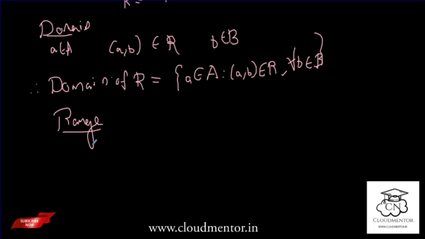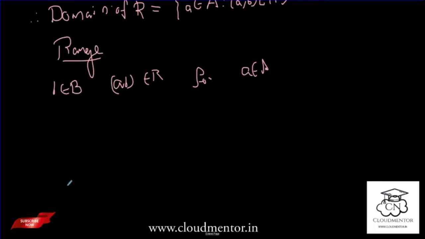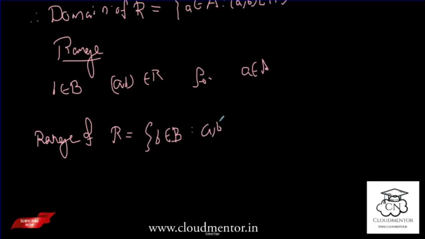And range. Therefore the range of R is the set of all those elements b of B such that the ordered pair (a, b) is an element of R for some a in A. So we can define that by the same method: range of R equals the set of b in B such that (a, b) is an element of R for some a in A. So that's the definition of range.